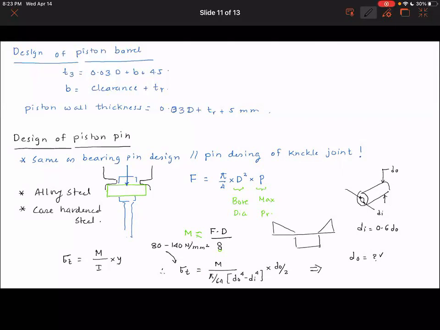So I would like to work out a problem real quick. But again, the procedure is the straightforward same recipe that I just gave you. Let's work out a problem real quick. So design a piston.